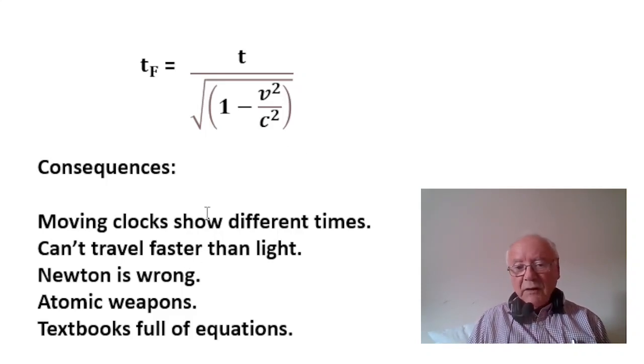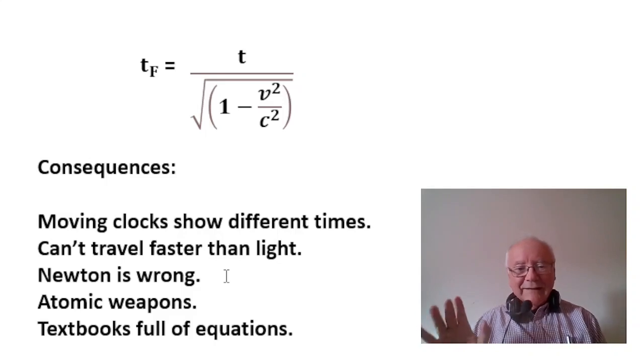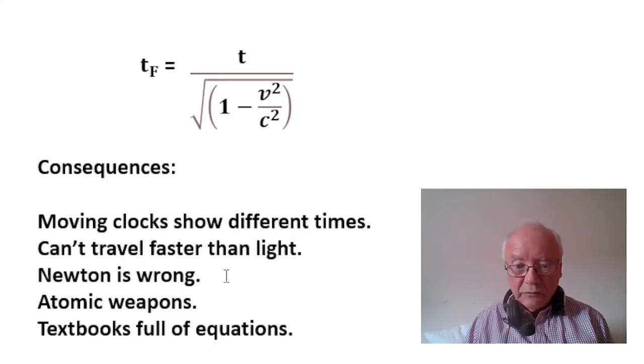The third thing follows from the first. If tf and t can be different for different v's, then Newton is wrong. There's no ifs and buts here. Newton would say time is universal. Everywhere you can measure the same time. There's no difference in time as to how fast you're moving. So Newton is wrong.